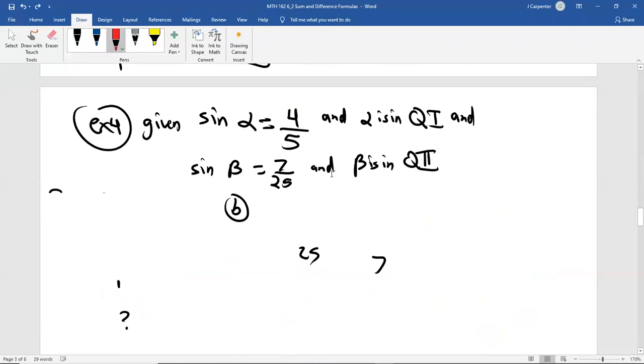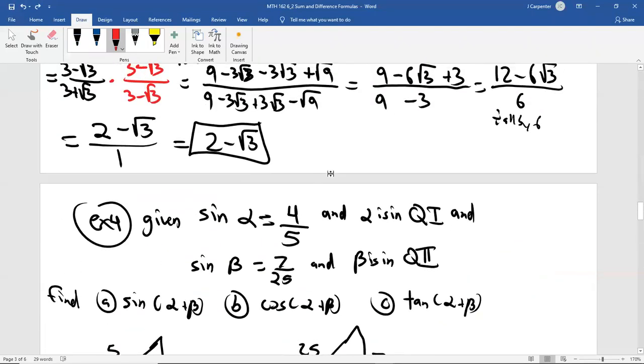Okay, so back to the example. We said, given that the sine of alpha, some first angle, is 4/5, so there's its opposite over its hypotenuse as a reference triangle. And we mentioned that alpha is in quadrant 1, which means the reference triangle would be the actual angle, the actual triangle.